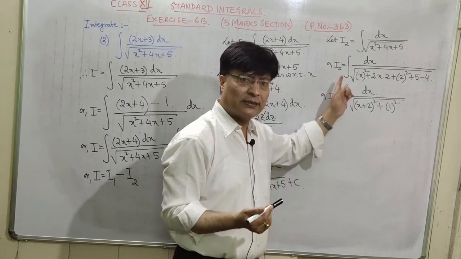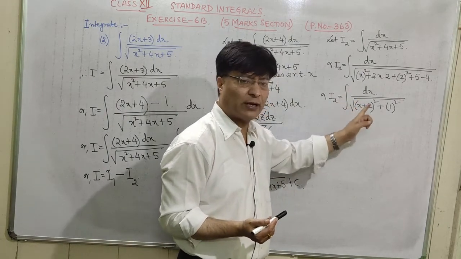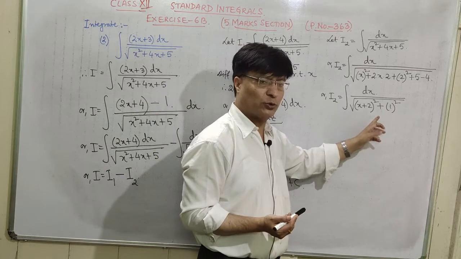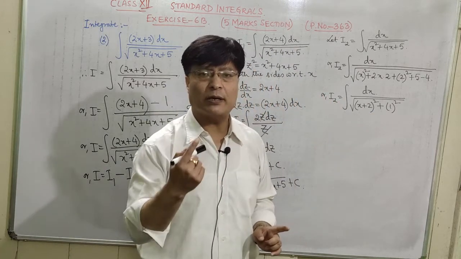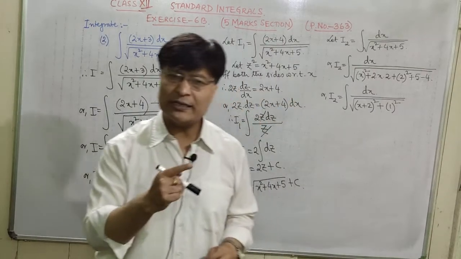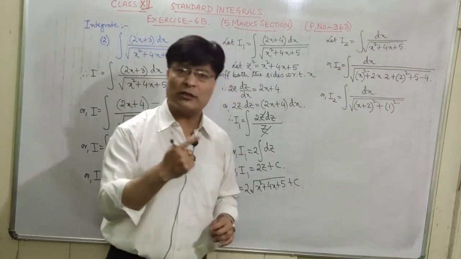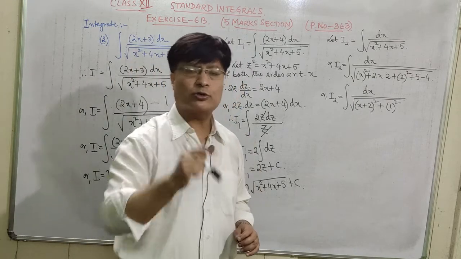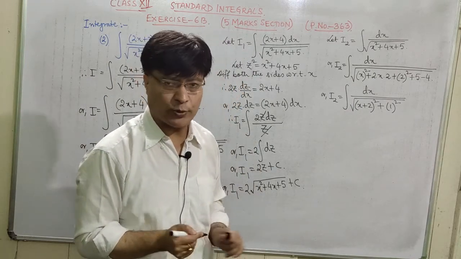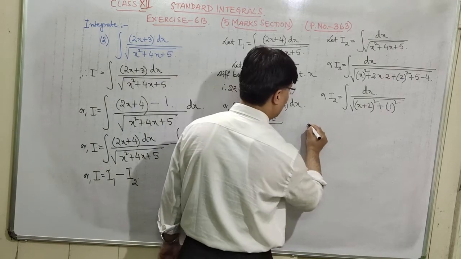You should know that. That is the integration of dx divided by root under x square plus a square, where instead of x there is x plus 2 and instead of a there is 1. So what is the integration of dx divided by root under x square plus a square? That is log within mod x plus root under x square plus a square. So let us write down the formula now.